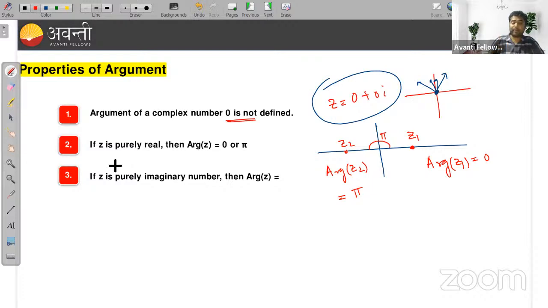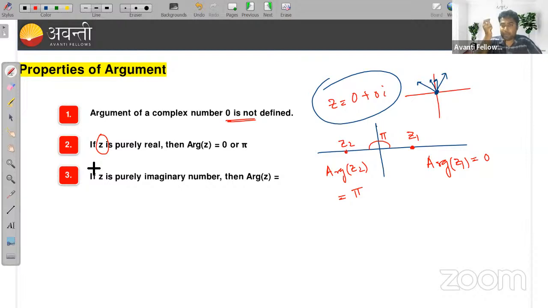So when Z is purely real, that means Z is lying on the real axis, then the argument may be 0, it may be pi. It can be 0 or pi. Nothing else. Understood? Everyone? Clear?